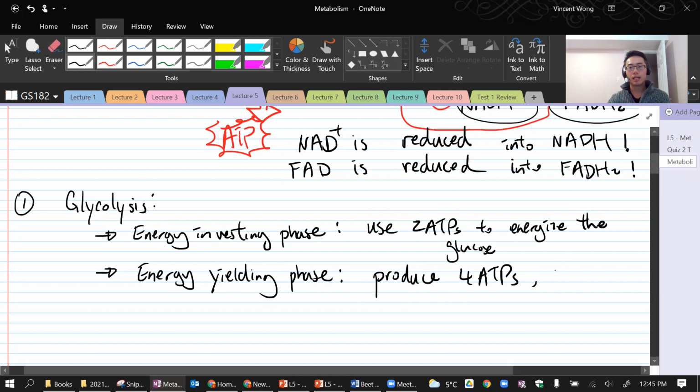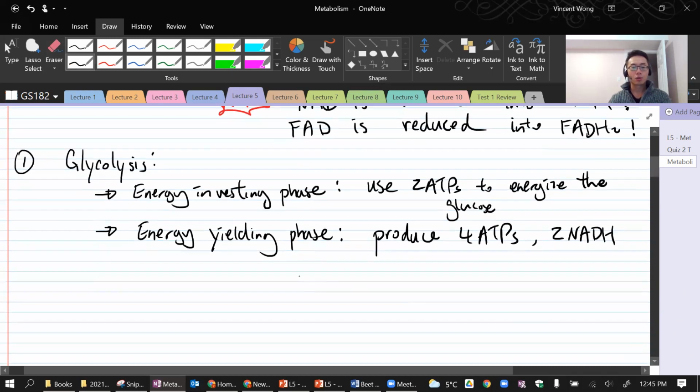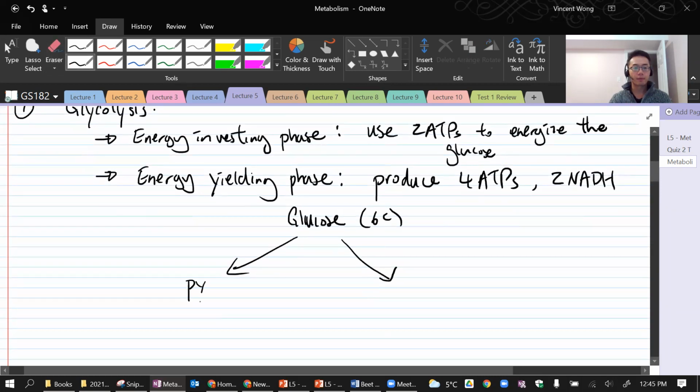So you will have 2 NAD plus coming, and they will become NADH. So you start with glucose, which is 6 carbon. At the end, you will split the glucose into 2 pyruvate.